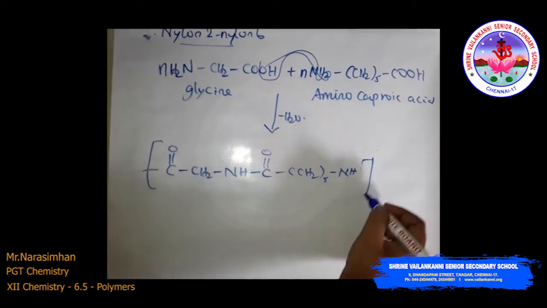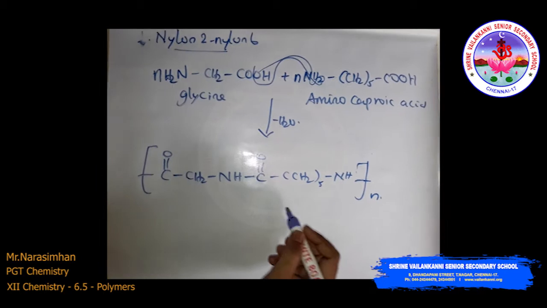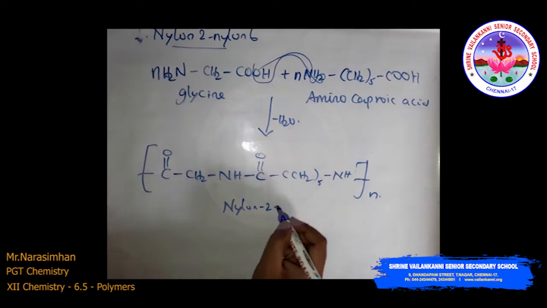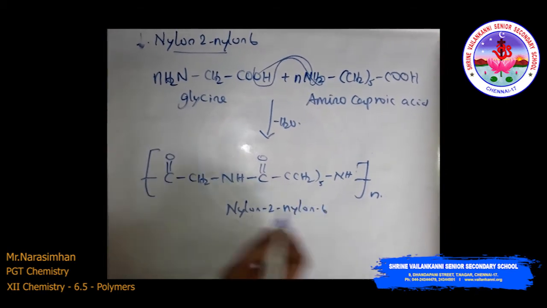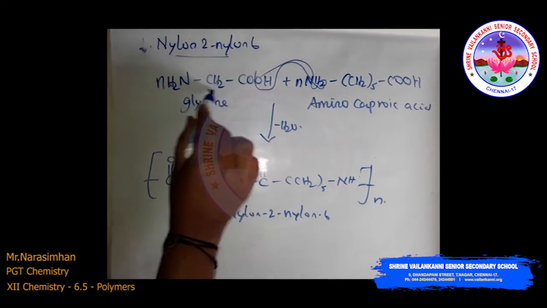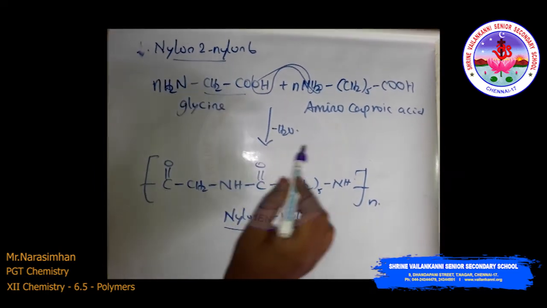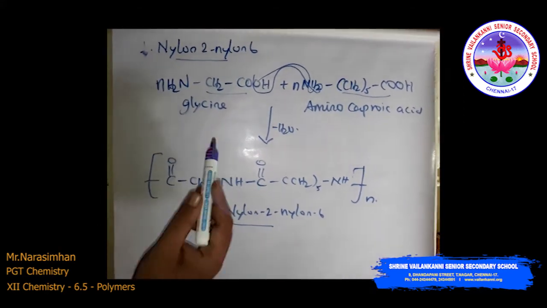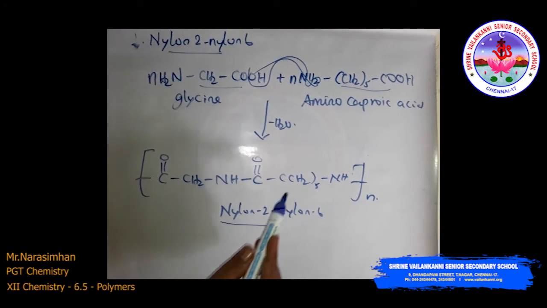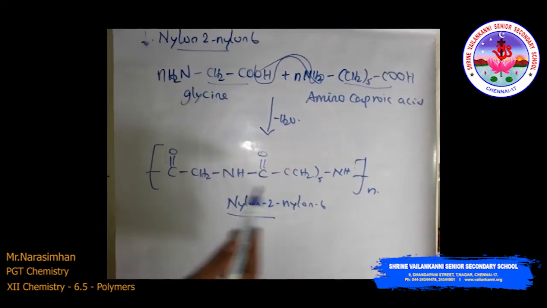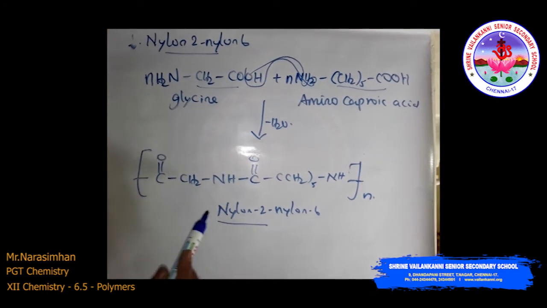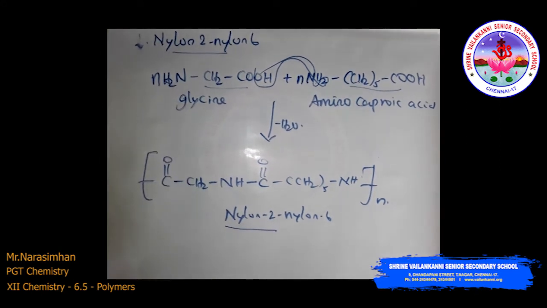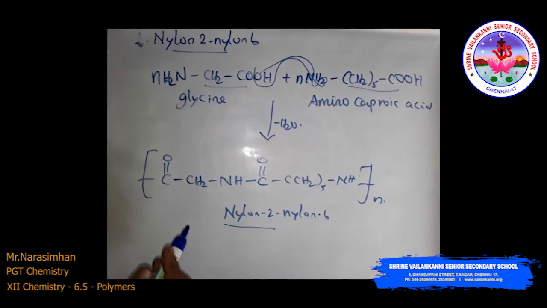This is nylon 2, nylon 6, because glycine has 2 carbon atoms, so nylon 2, and amino caproic acid has 6 carbon atoms, that is why nylon 6. So the copolymerization of glycine and amino caproic acid, with removal of water molecules, gives nylon 2, nylon 6. This is also a biodegradable polymer.